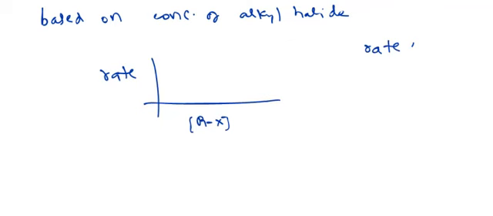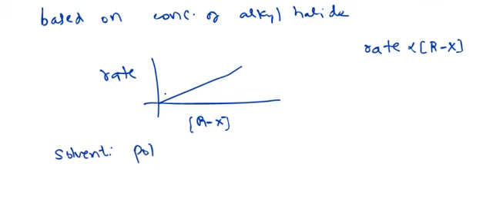We already wrote that rate is directly proportional to the concentration of alkyl halide. If the concentration of alkyl halide increases, the rate also increases. What type of solvent do we have to take? A polar protic solvent. If we take a polar protic solvent, the leaving group will be stabilized by the protic solvent.